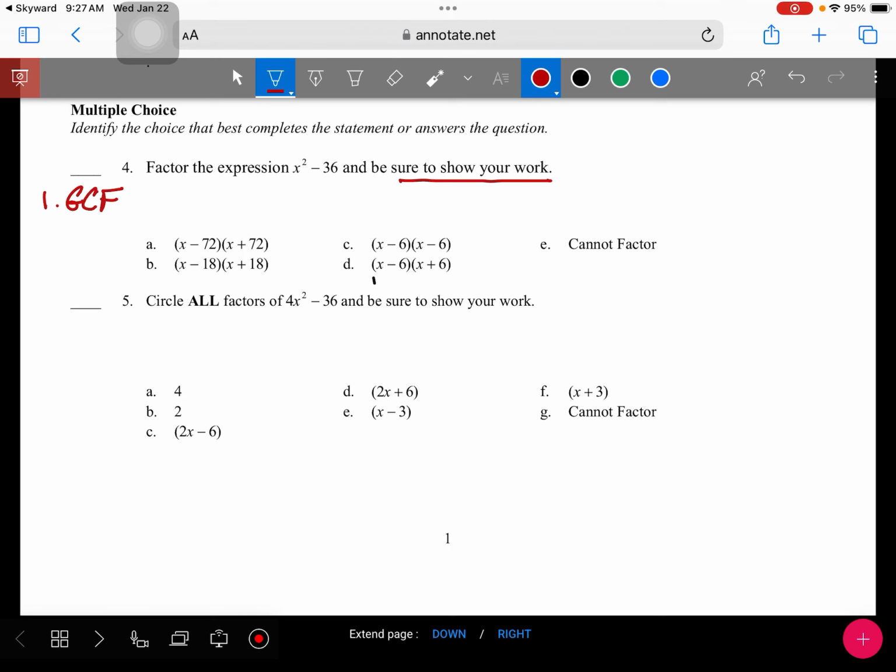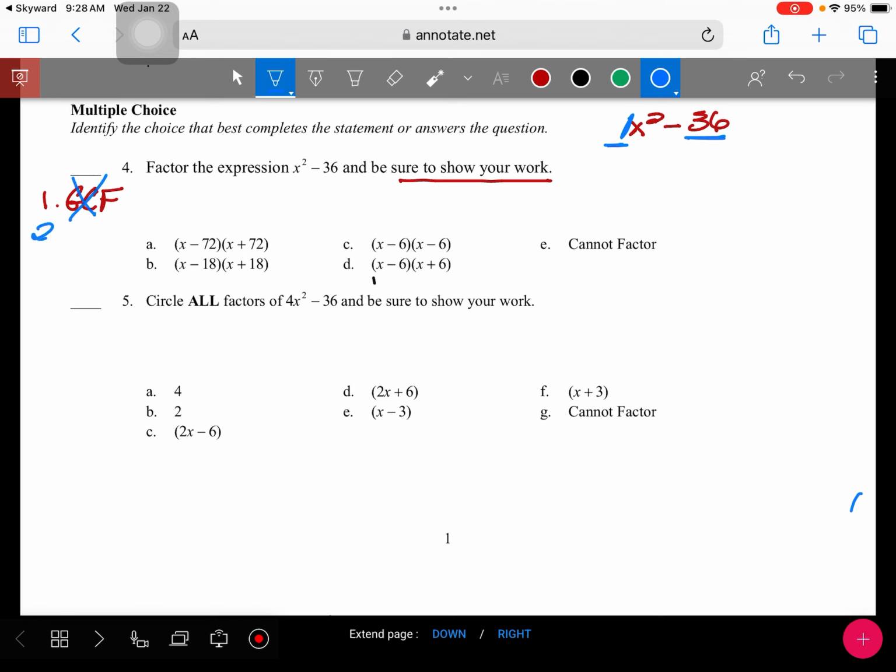So as I have x squared minus 36, what's my coefficient in front of that x squared? 1. So as I'm looking at the numbers and I look at the smallest one, the only factors of 1 are 1 and 1. And a greatest common factor of 1 is not helpful. So there is no greatest common factor.